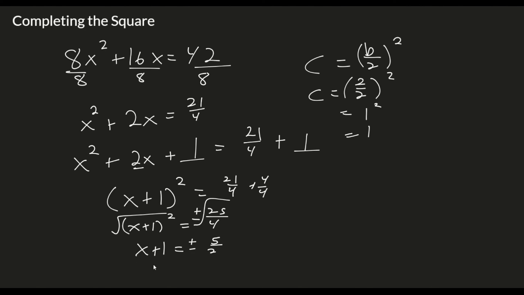So we now have two expressions to solve. x plus 1 equals positive 5 over 2, and x plus 1 equals negative 5 over 2. If I subtract 1, that's x equals 3 over 2, and if I subtract 1 on this one, I have x equals negative 7 over 2.